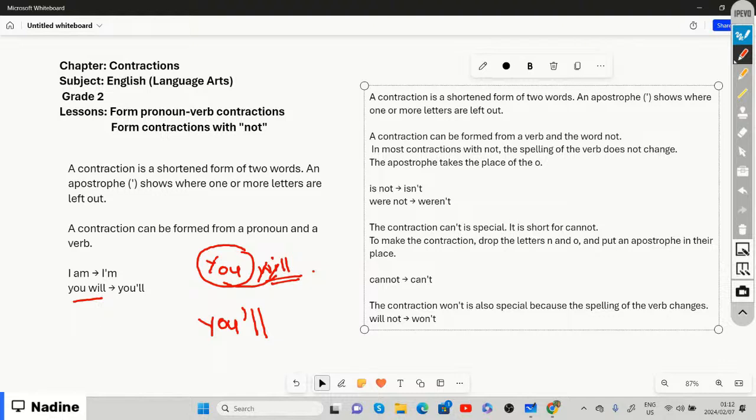So you will pass your test, or you'll pass your test. So if we form a contraction from the pronoun as well as the verb, then our pronoun, which is you or I, stays the same, and then we shorten our verb.